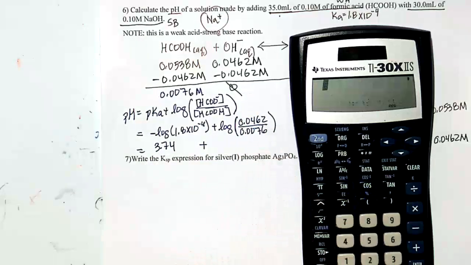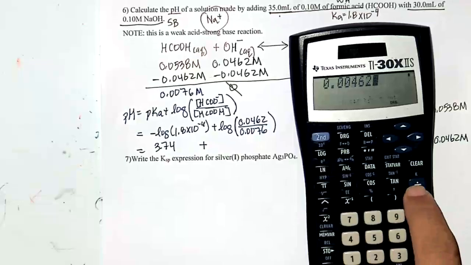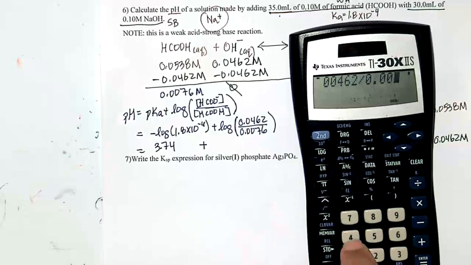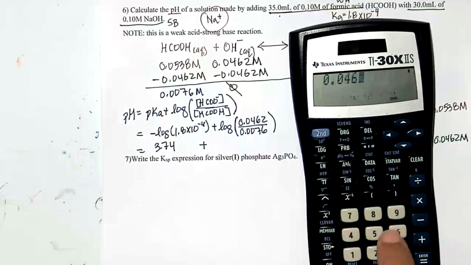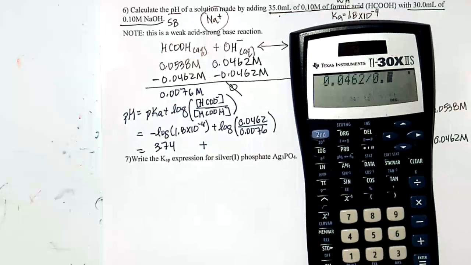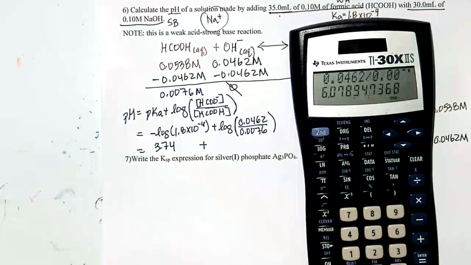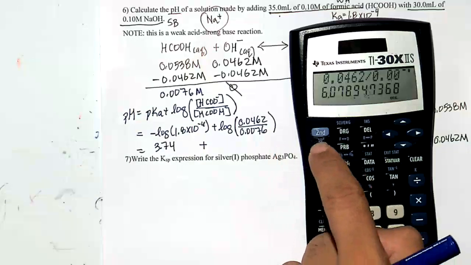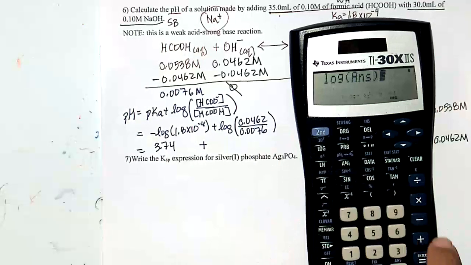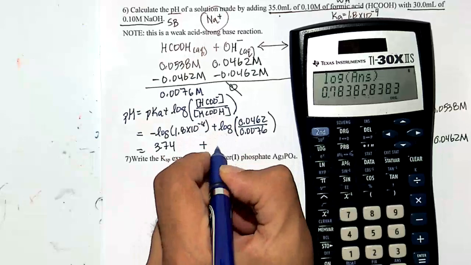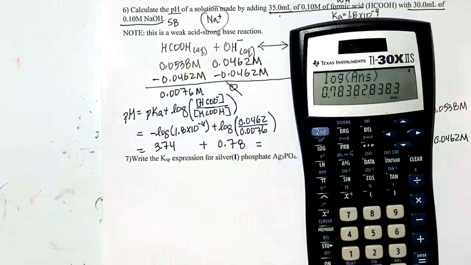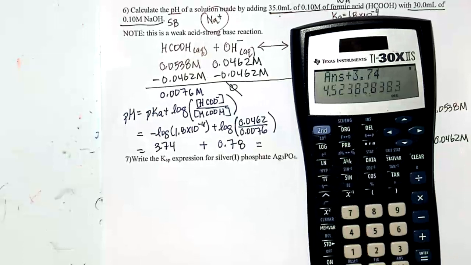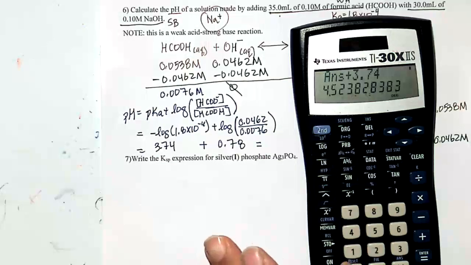Plus, you're going to do this fraction first, 0.0462 divided by 0.0076. Log that, 0.78, plus 3.74. I'm getting about 4.52.